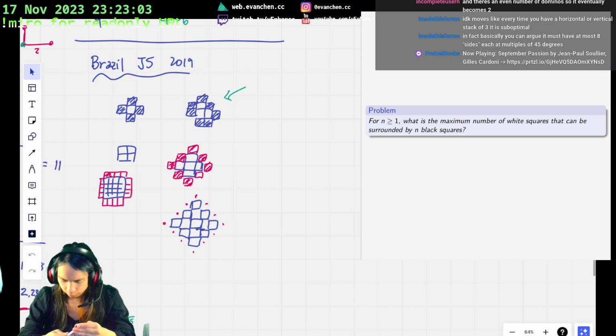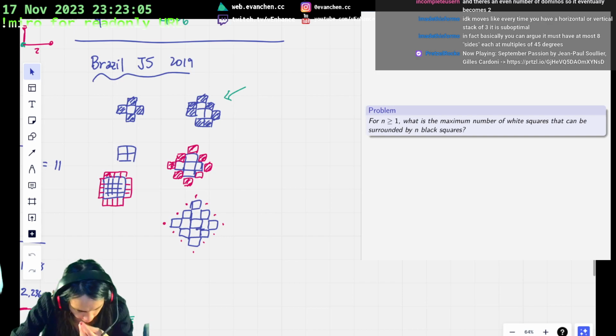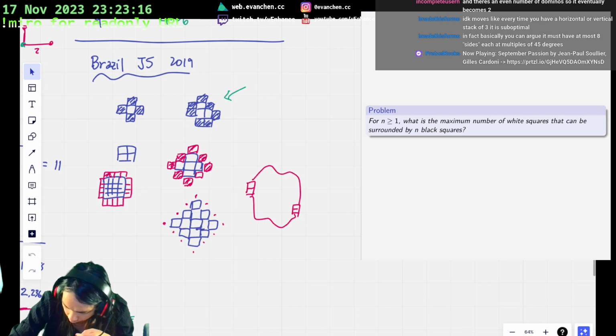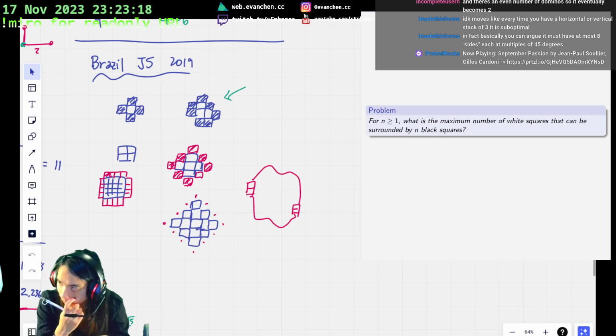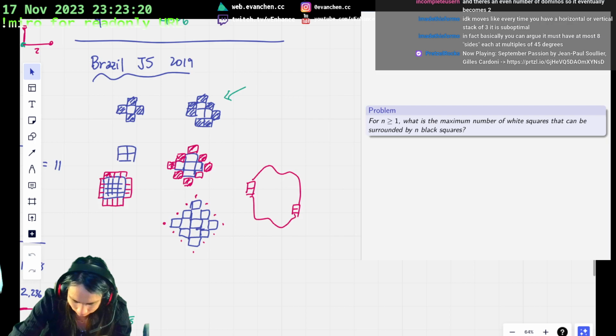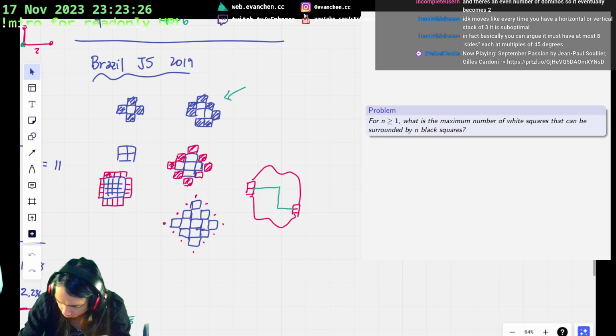So the idea is that if we have two things that look like this somewhere, and then we have this shape, then I can take any cut that looks like this, and then take this whole blob and shift it over by 1 cell.